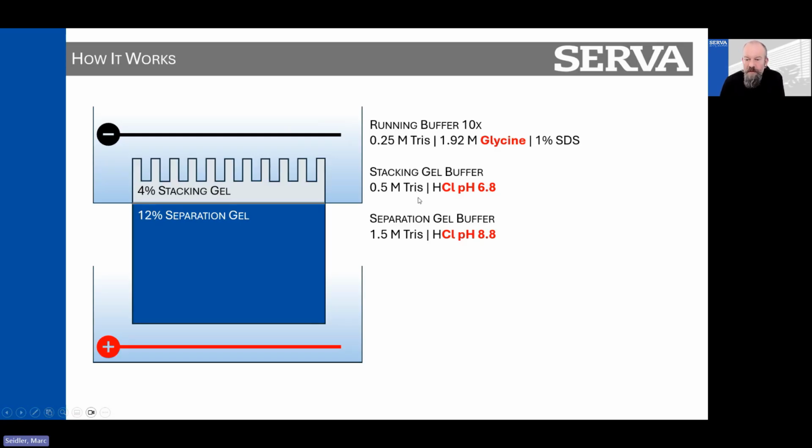Tris is unimportant, it's just a buffer, but this is buffered to a pH of 6.8, and the main particle or ion that we take a look at is the chloride. Same goes with the separation gel. So here you have tris inside and also the chlorides, but with a pH of 8.8. This will be important in a second.